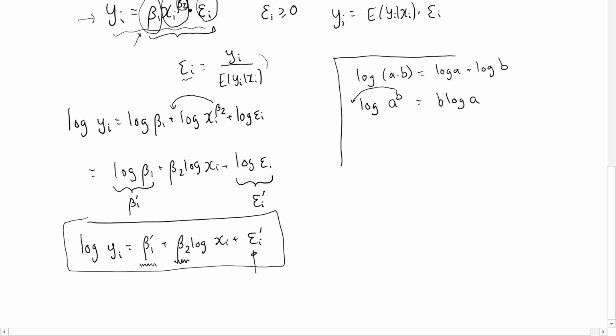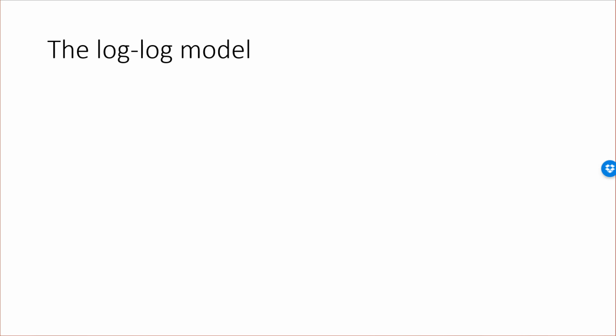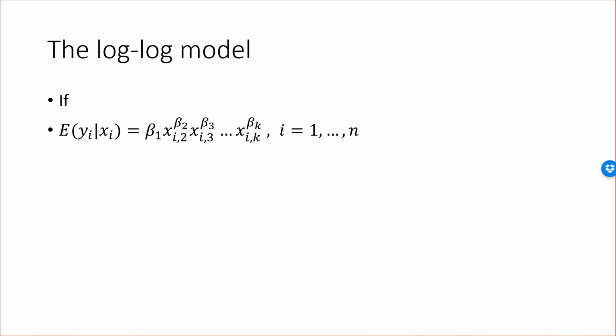So this was for the case where we had just one explanatory variable. So let's generalize this to an arbitrary number and state the results. So the log-log model then starts with the following. The expected value of yi given xi. Say, for example, the expected level of production in a firm given xi, which is all the factors of production, might be described using this Cobb-Douglas production function.